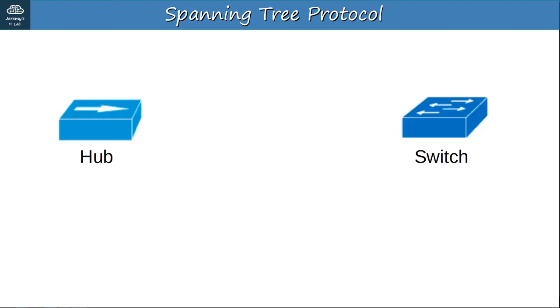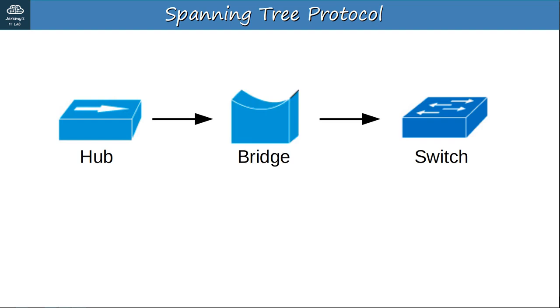Before going more in depth, let me talk about that word bridge. I told you about Ethernet hubs in a previous video. Hubs were used before switches were invented, and instead of learning MAC addresses to forward frames to the correct destination, they simply flooded frames out of all interfaces. But actually, before switches, there was another kind of device called a bridge. You don't need to know about bridges for the CCNA.